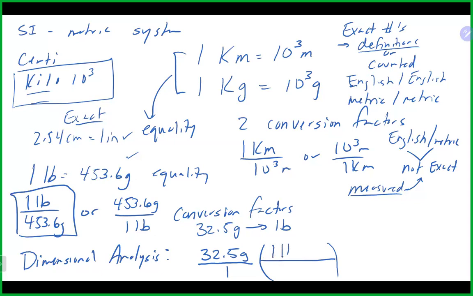We set it up so that we can clearly see the units canceling out. Grams cancel. Anything on top gets multiplied, anything on the bottom gets divided. So in this case, 32.5 divided by 453.6 is going to get us 0.07164903 pounds on our calculator.